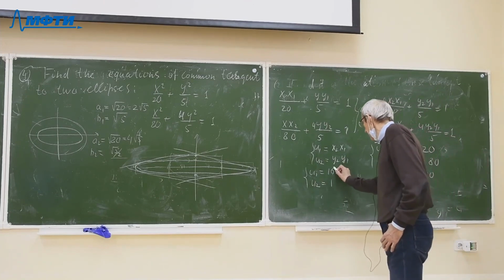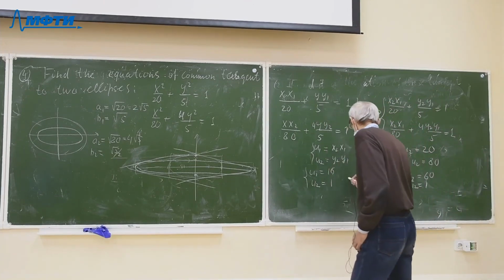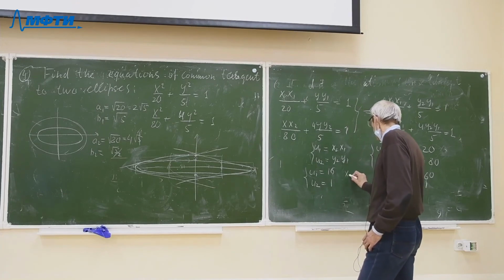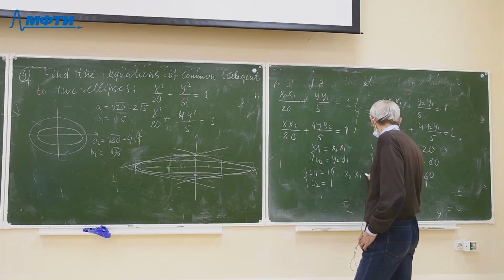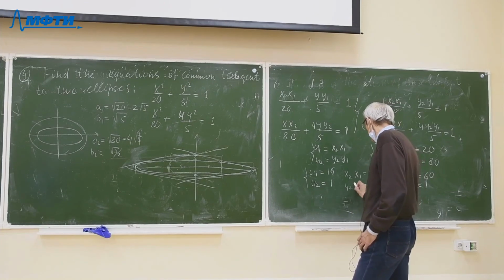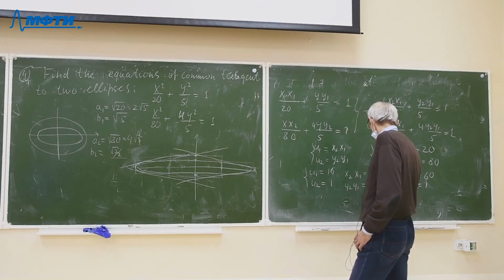We have two products: x2 x1 is equal to 16, and the y2 y1 product is equal to 1.